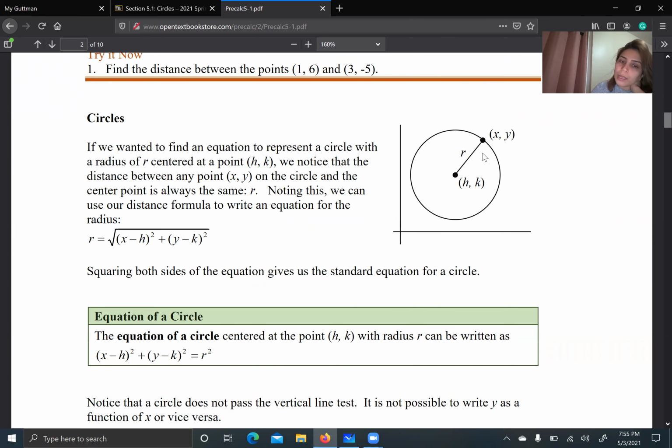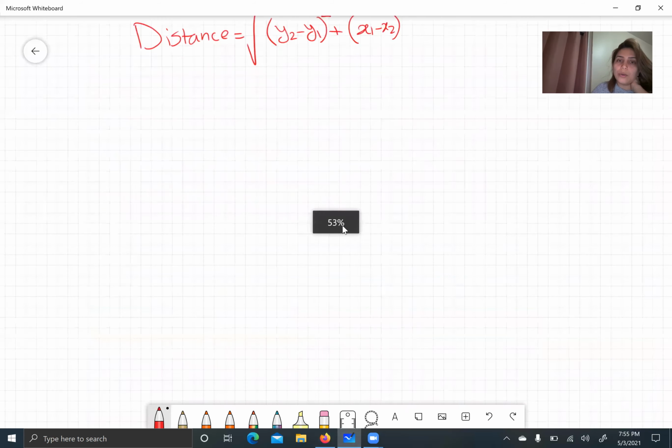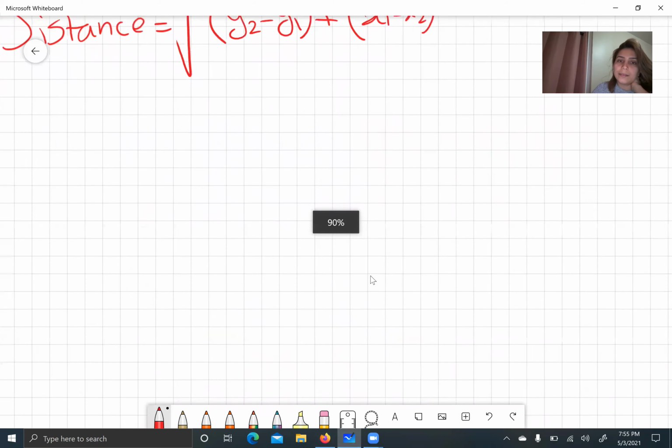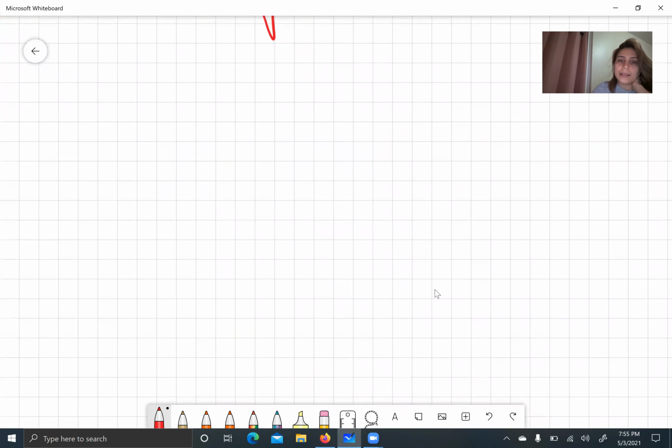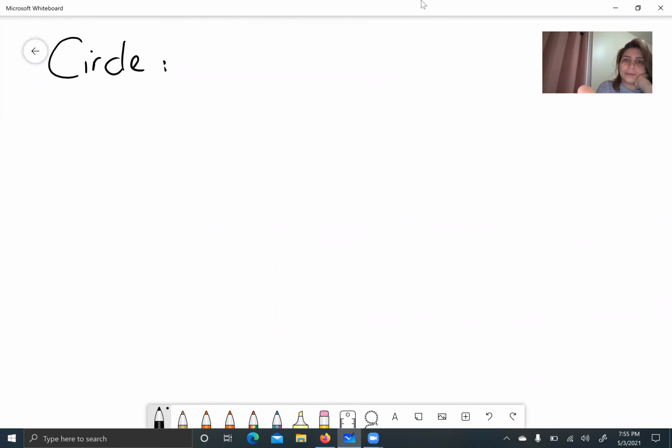Now, look, we can come up with a formula for a circle because now we know what distance is, right? Look, what is a circle? What is the definition of a circle? So a circle is in the plane.